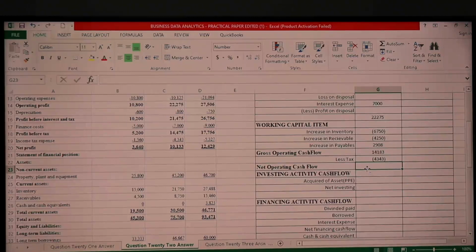Someone got 18,526. Do you have another different answer? Another different answer, please. I know there are different answers. Are you sure that is the right answer?